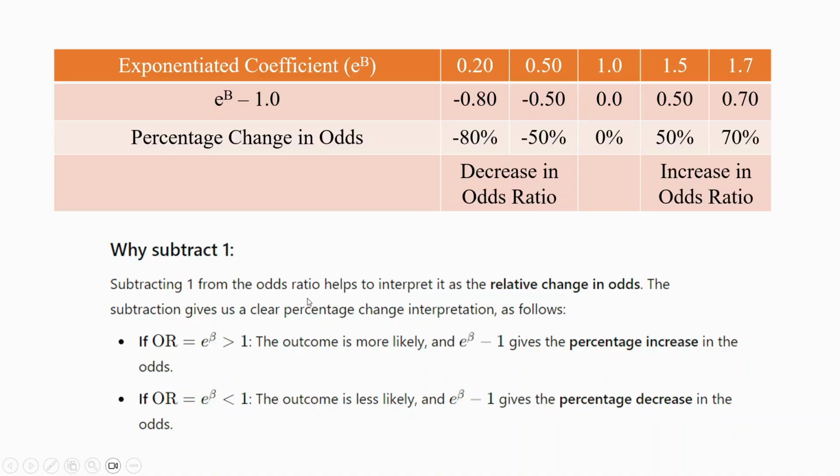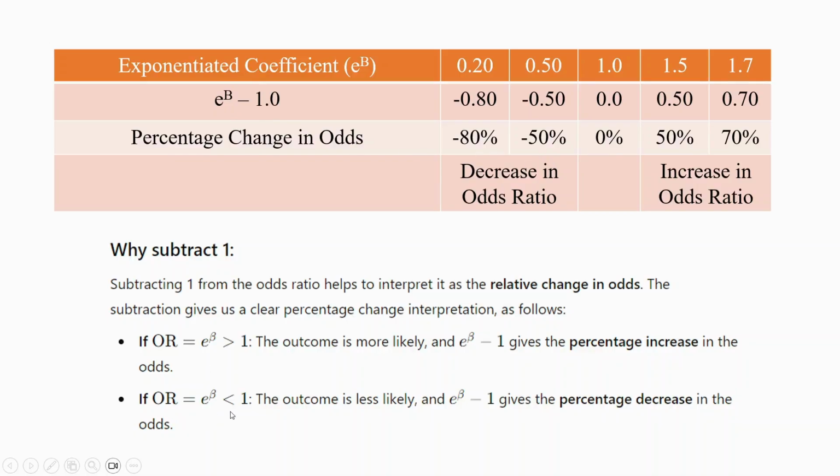Subtracting 1 from the odds ratio helps to interpret it as a relative change in the odds. The subtraction gives us a clear percentage change interpretation. So if odds ratio e beta is greater than 1, the outcome is more likely, and e beta minus 1 gives a percentage increase in the odds.